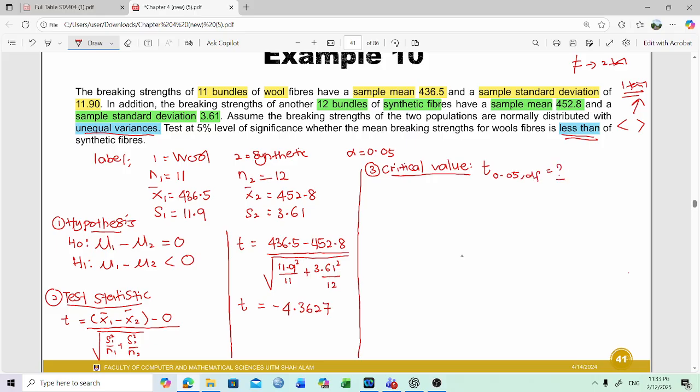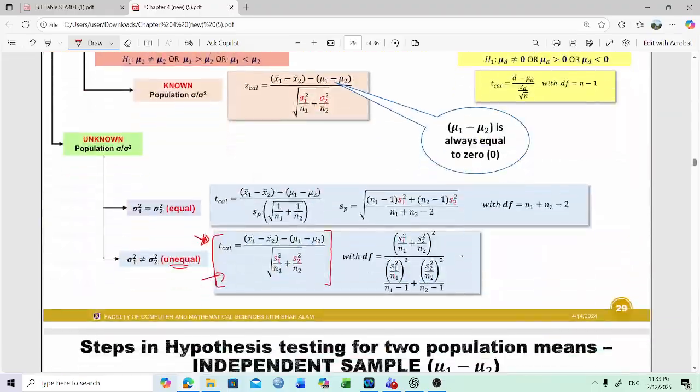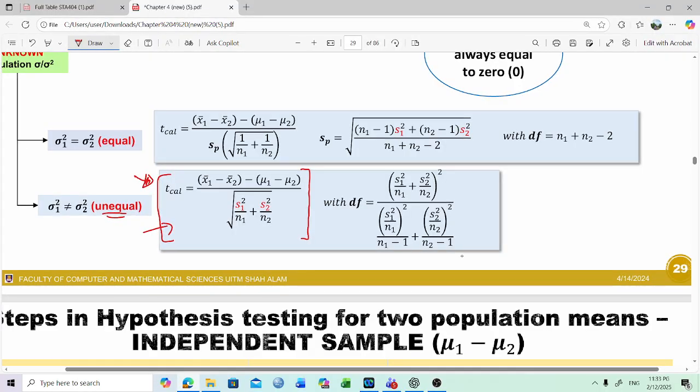For this one, you need to find the degree of freedom. How to find the degree of freedom? You need to use this formula.